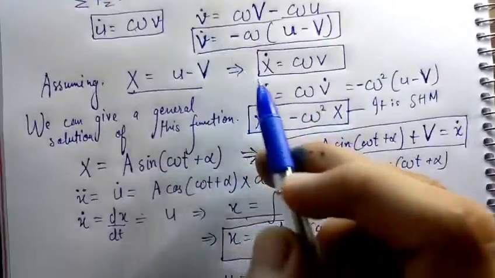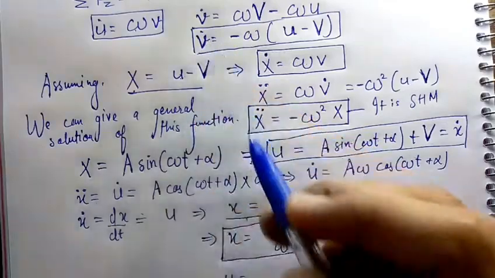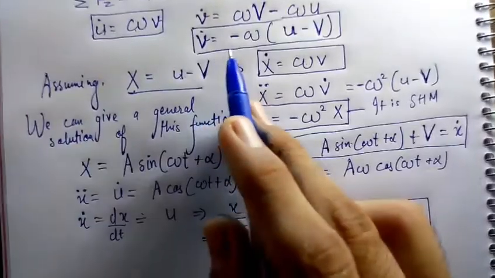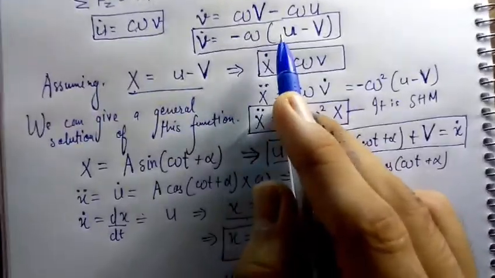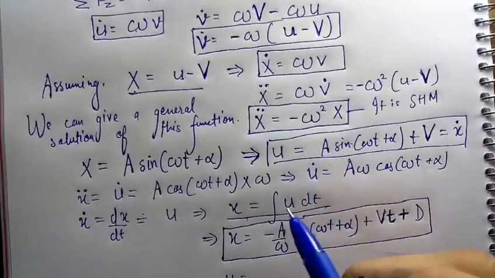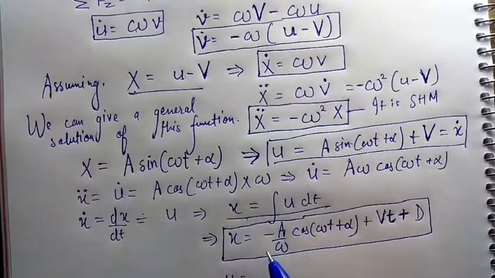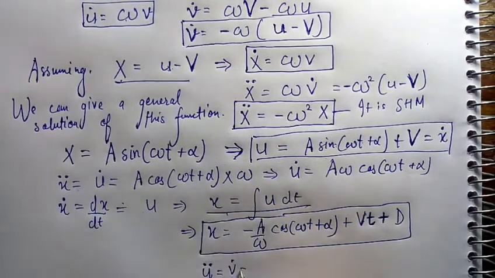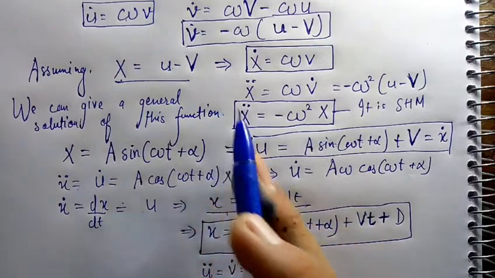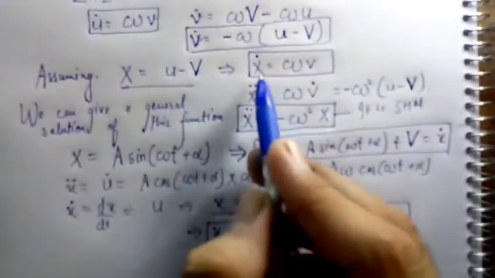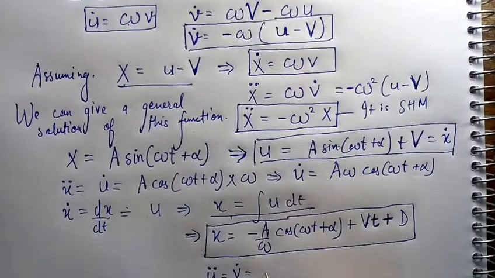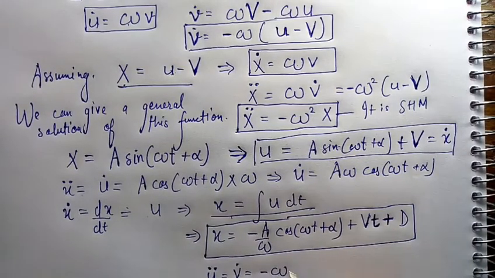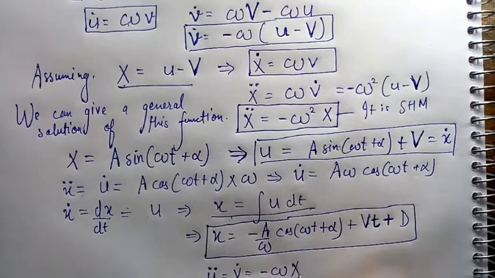So we have got v dot equals minus omega times u minus V. Okay, y double dot can be written as v dot, and v dot we have here as minus omega times x.